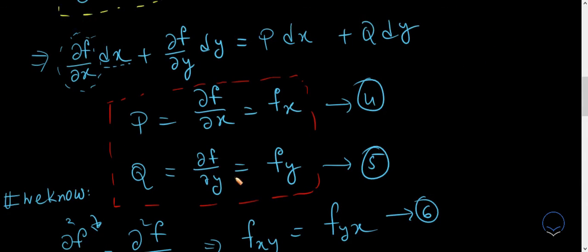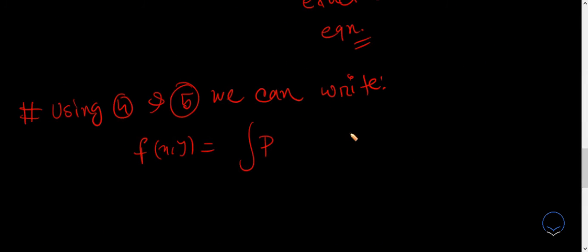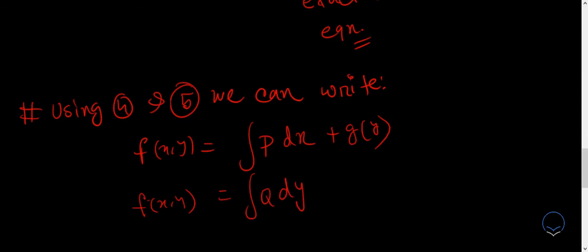We have to integrate with respect to x, so p dx. And now you might think there is a constant, right? But it's not just a constant, it's a constant with respect to the x variable. So the general constant will be just a function of y, like this. Or you could use 5, and write f of x y as integral of q dy, and now there will be some function h of x. Any of this will do.